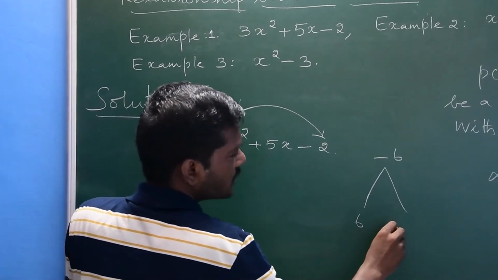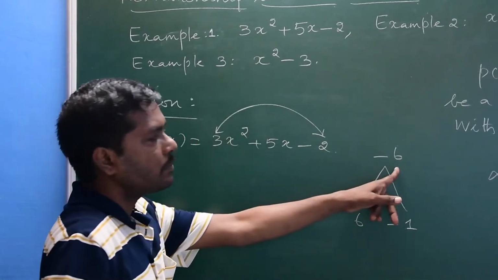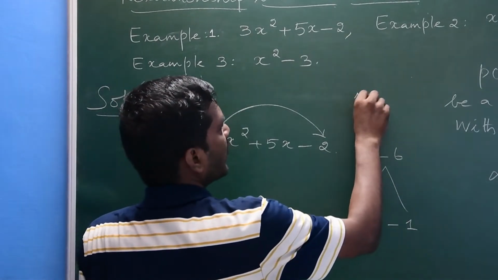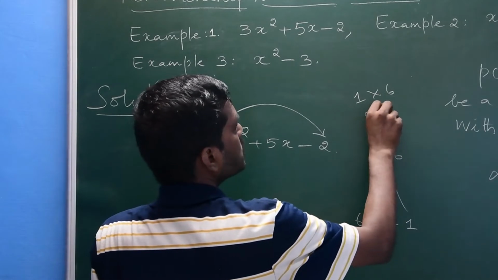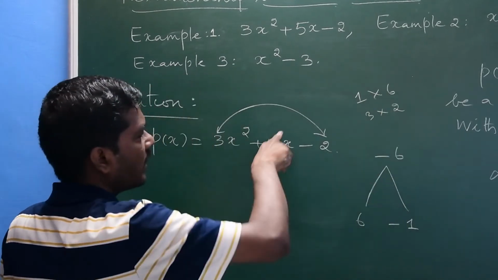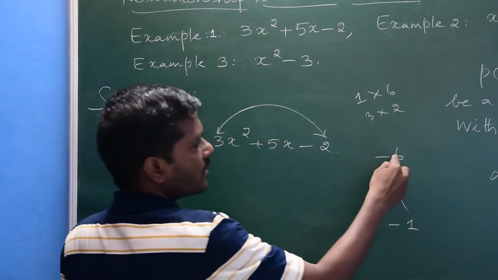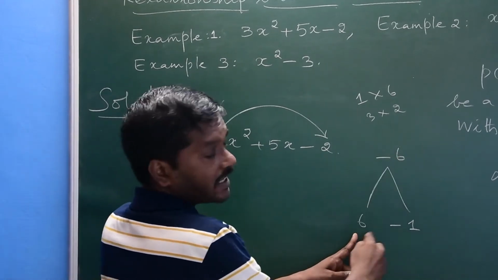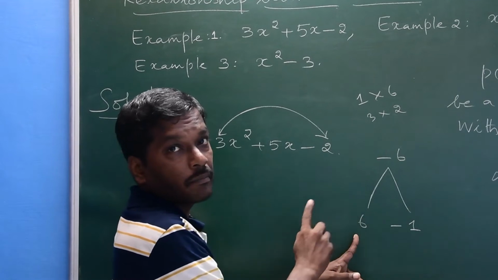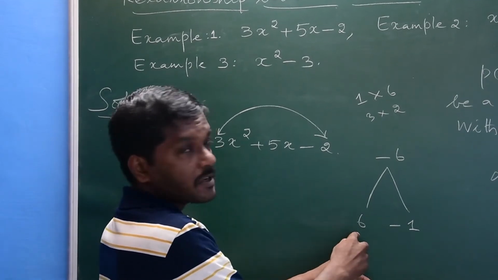So we get 6 and minus 1. Possible products of 6 are 1 times 6 and 3 times 2. Since the product is minus, one of the factors must be negative and the other positive.